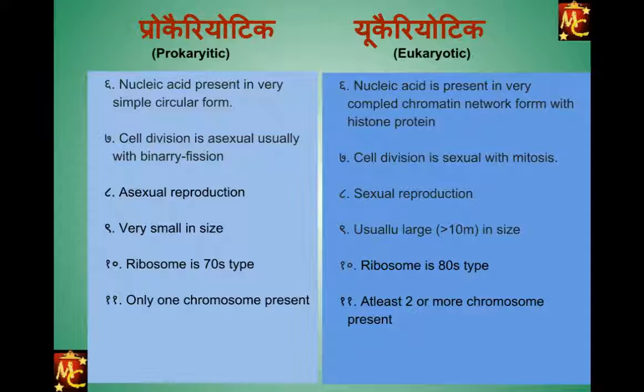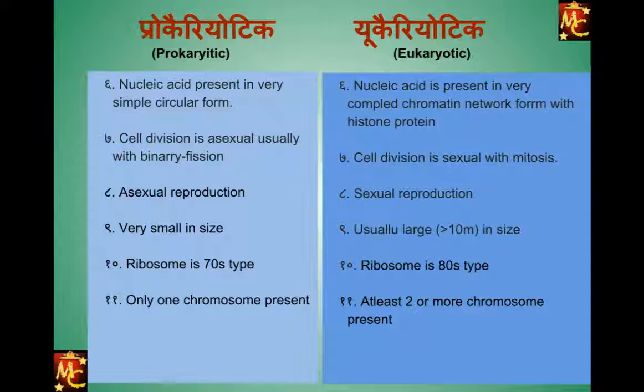This complex of protein and DNA makes a messy network, which is called chromatin, and the protein which makes this is called histone. There are many types of histone proteins inside the nucleus, and they protect this large chain of nucleic acid in eukaryotic cells.